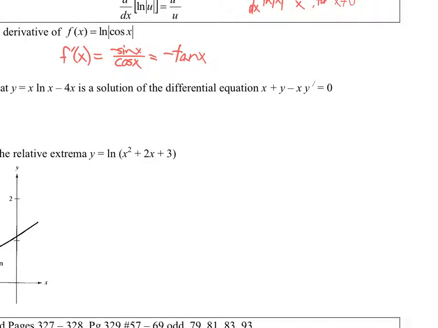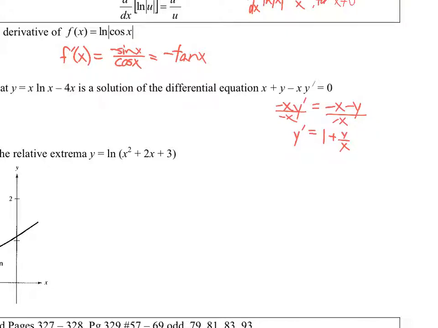So for example, if I subtract x and subtract y, that's a negative xy prime. And then if I divide, I'd get y prime equals a positive 1 plus y over x.